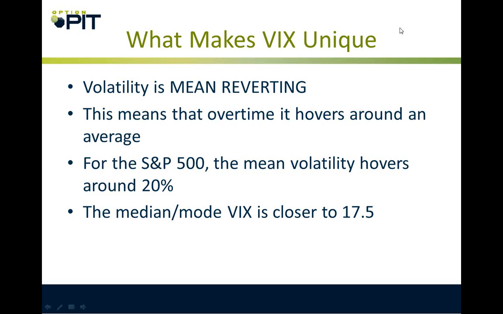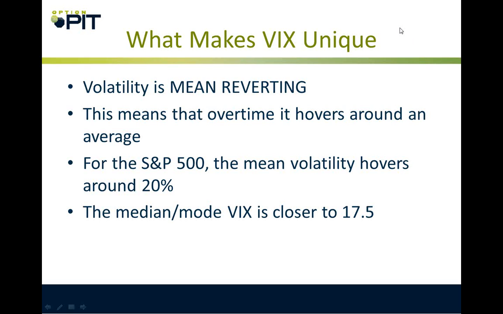Take a guess. No, it's not 0. Close, though. It's had a total of 9 settlements below 10%. So I want you to think of 10% as the VIX's floor, instead of 0.